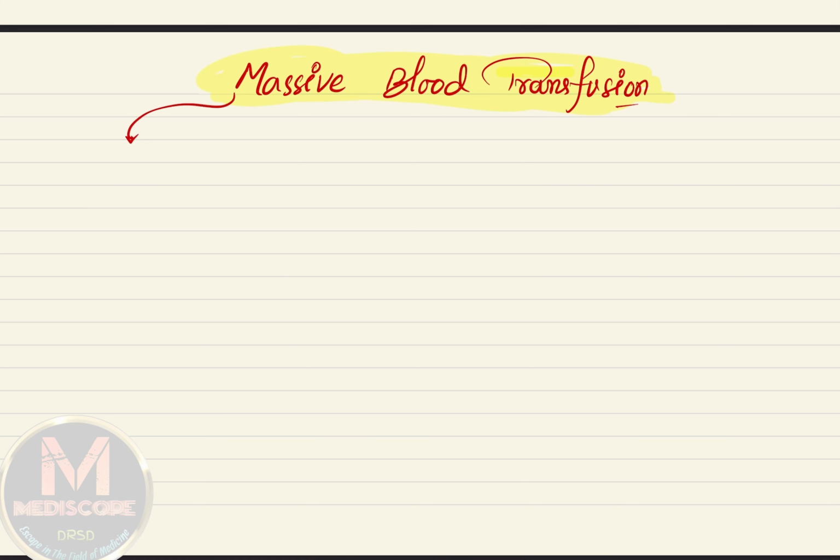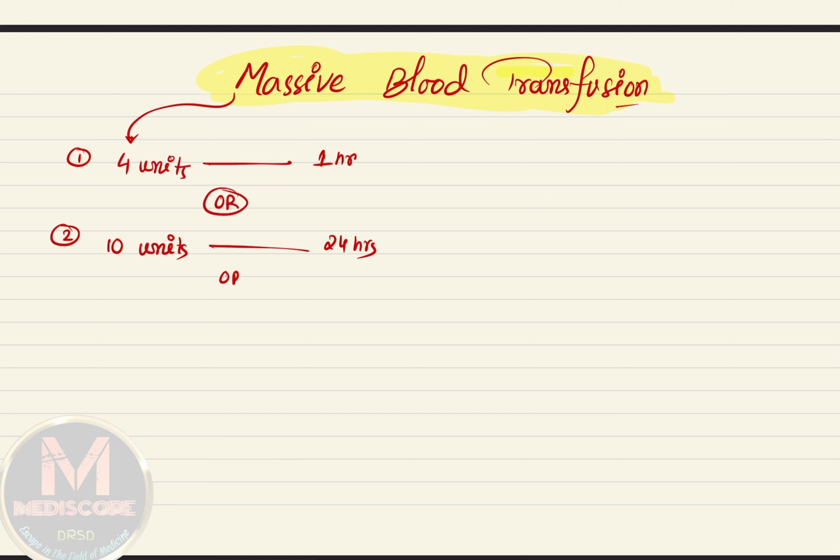It is transfusion of more than 4 units of blood given in 1 hour, or more than 10 units of blood transfused over 24 hours. Also, if you replace the entire circulating volume in 24 hours, that is also massive blood transfusion.